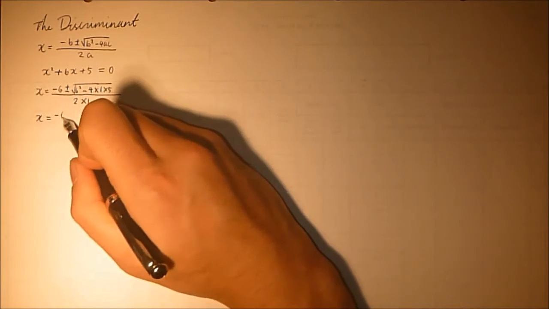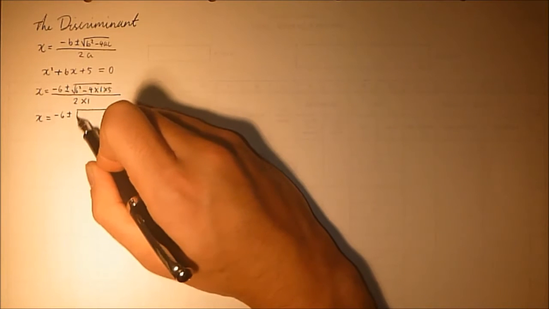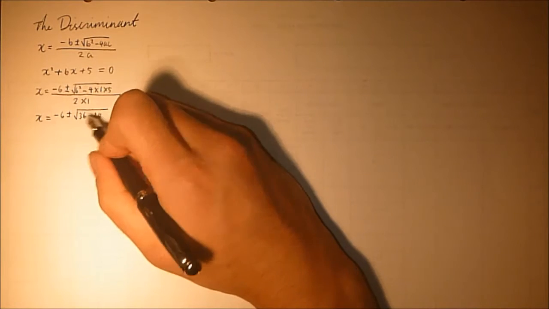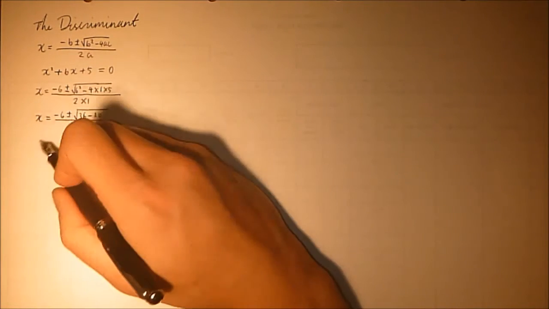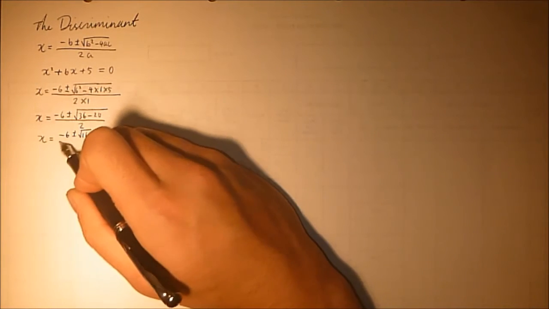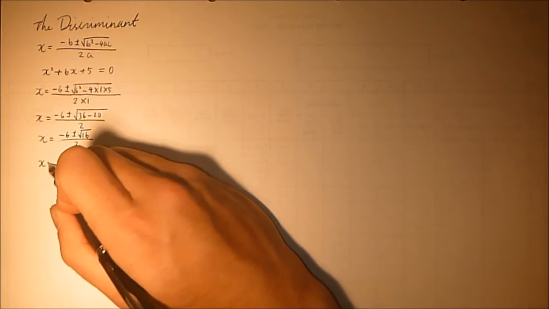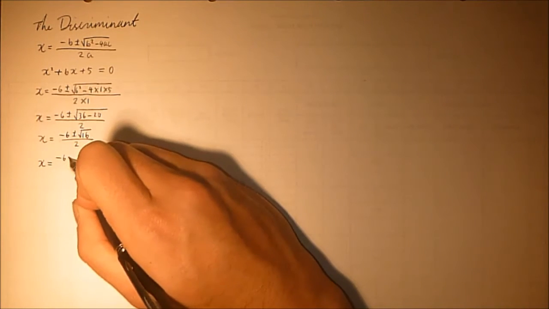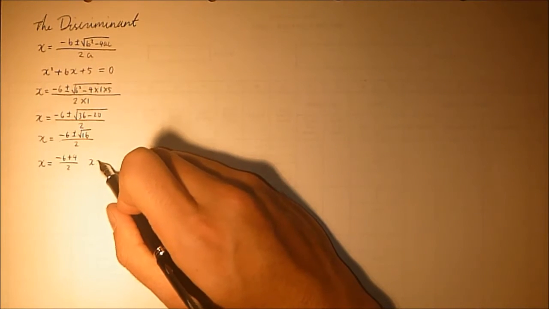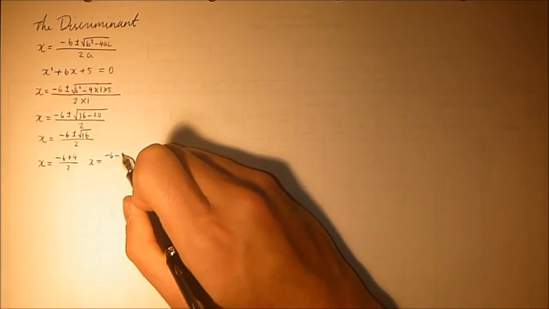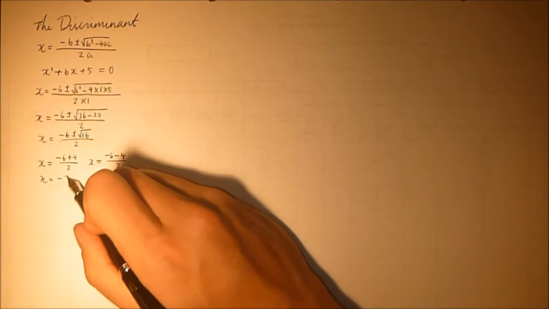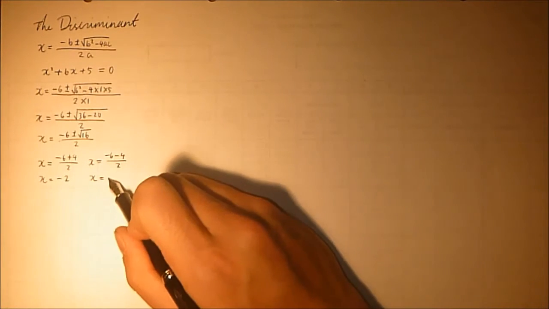So x equals negative 6 plus or minus the square root of 36 minus 4 times 1 times 5, which is 20, so minus 20, over 2. So x equals negative 6 plus or minus the square root of 16 over 2, and x either equals negative 6 plus 4 over 2, or x equals negative 6 minus 4 over 2. In the end, we would have x either equal to negative 2 or x equals negative 5.